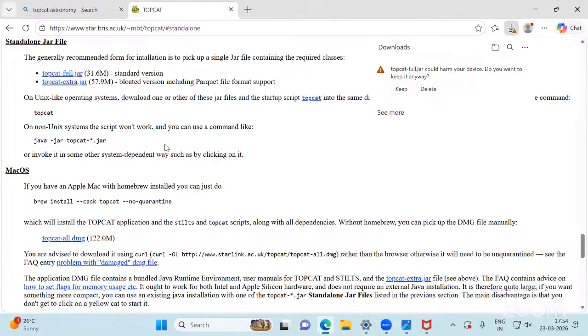So this is DS9. You can put image servers. We have some sessions on how to do this.